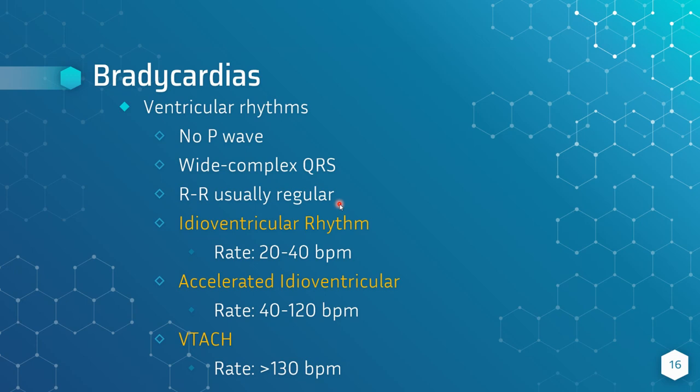So going back to the previous one we just did, it's the same thing as junctional. It's just that your QRSs are going to be wider. And then again, depending on the rates, you get different verbiage. If you have a regular rhythm that's wide complex, and the rate is above 130, then that's just your VTAC.